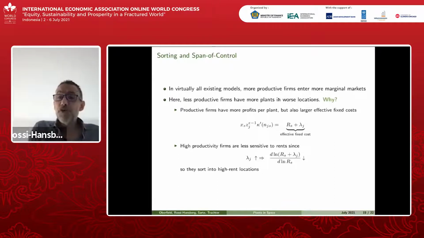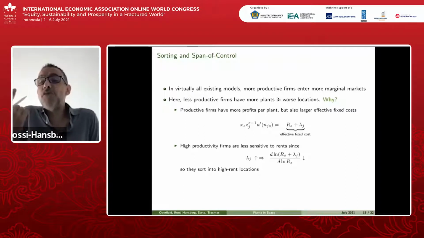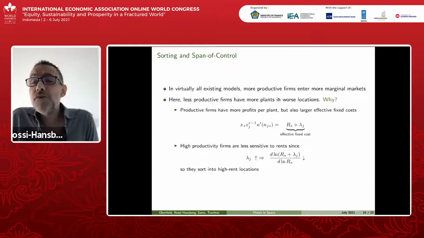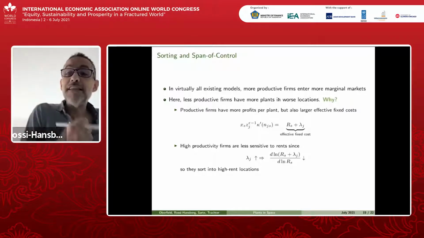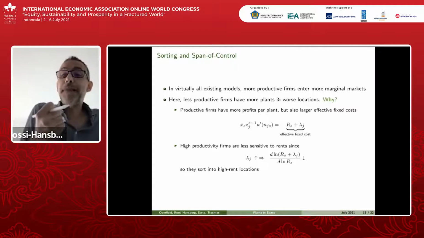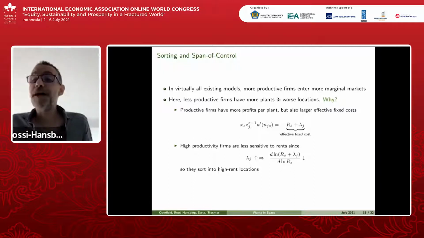While for less productive firms, they don't really care about the span of control cost because they don't have that many plants, right? In the limit, if you only have one plant, you don't care at all about it. But you do care about rent. And so the small firms care a lot about rent in terms of the fixed cost of setting up plants. On the other hand, the very productive firms care a lot about the span of control.